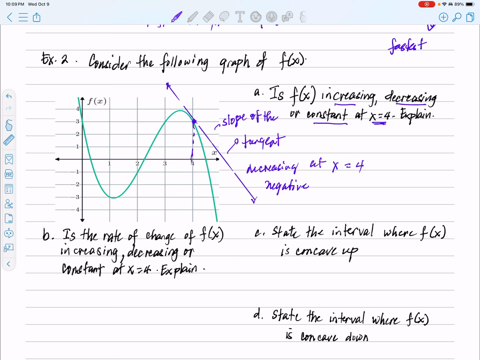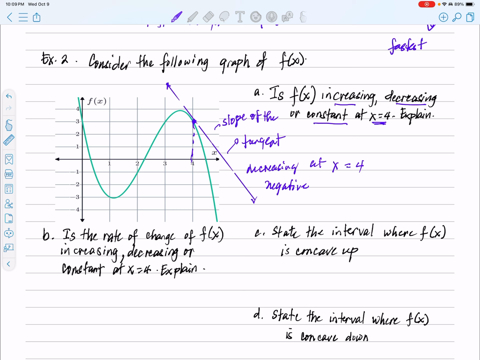And we can also see in the graph that for the interval around x equals 4, as the input values increase, the output y decreases. So the function is decreasing at x equals 4.